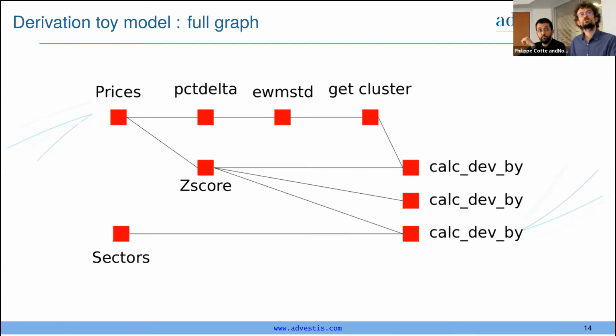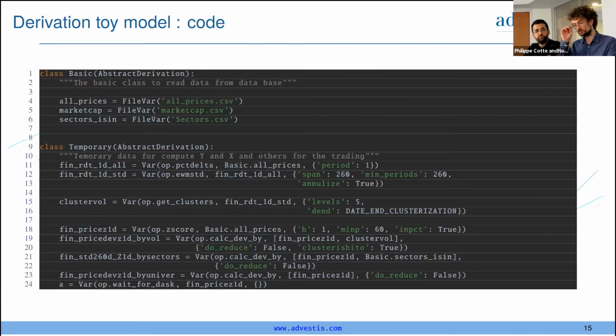Those are three ways of doing this calculation of z-score. And what we want to be able to do is compute only one of those results by not executing the entire graph. So to code this previous toy model, this is what we did. Two classes called derivations. The first, basic, is simply reading the input files, so the primary data.